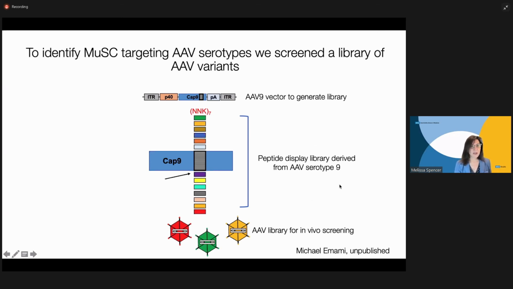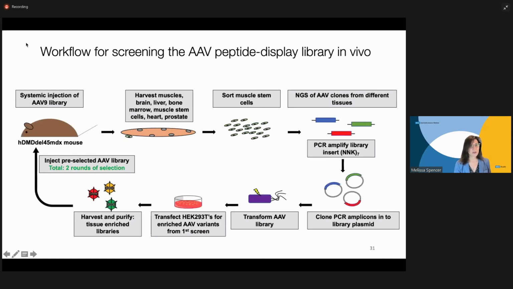So he created this library, and then his workflow has been to transduce mice systemically, sort the cells, and then take different tissues to look, including muscle stem cells, to look for his library. He then enriched it, and that's where we are now.